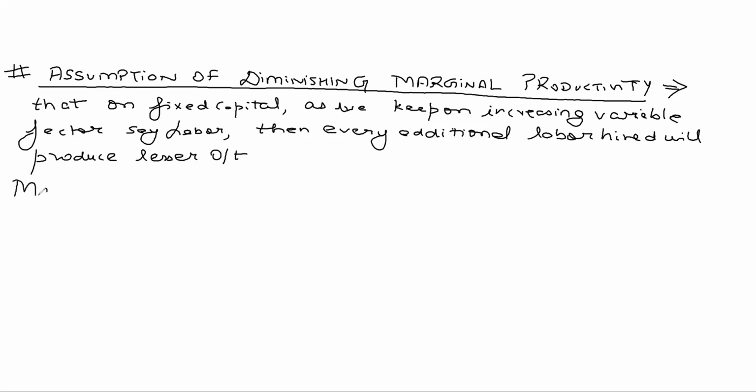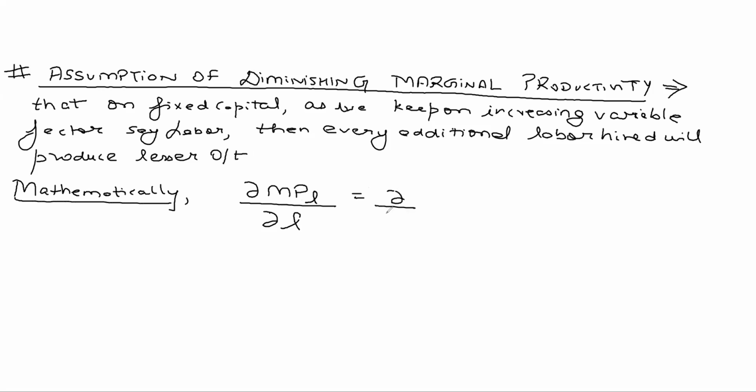Mathematically, what does this mean? It means that if I further differentiate marginal productivity of labor with respect to labor, that means if I differentiate MPL with respect to labor, this is del by del L of del Q by del L. So this is del square Q by del L square, which is less than 0.